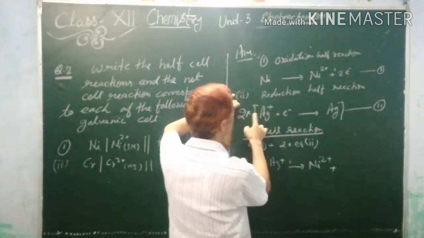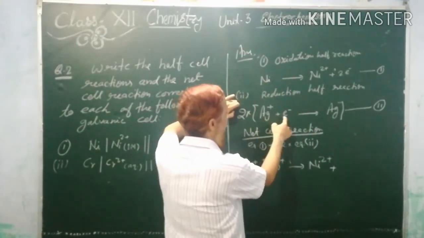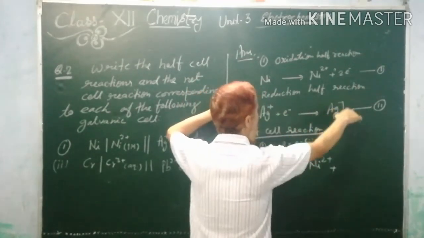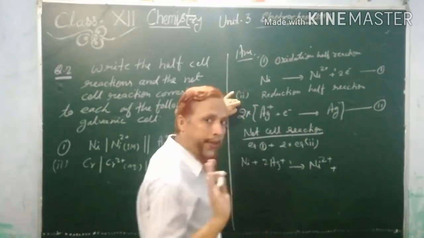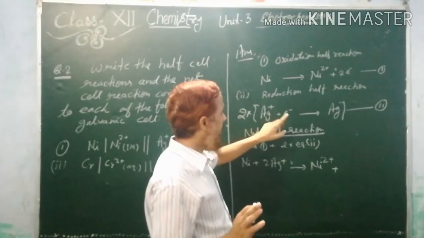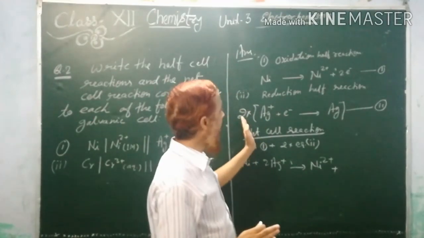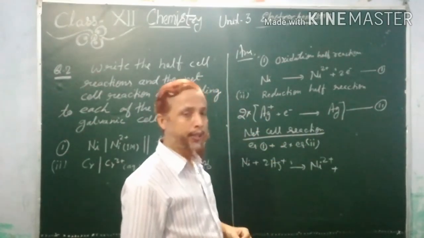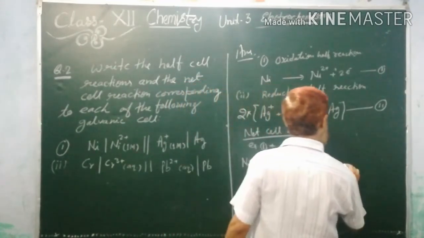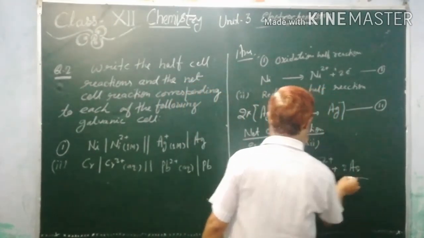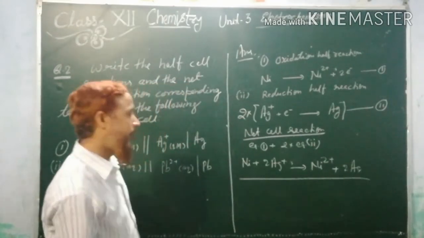And this 2 will multiply Ag plus and the electron also, that is why the whole equation is multiplied by the number, always, not only the electron. So this will be twice Ag, and this is the balanced cell equation.